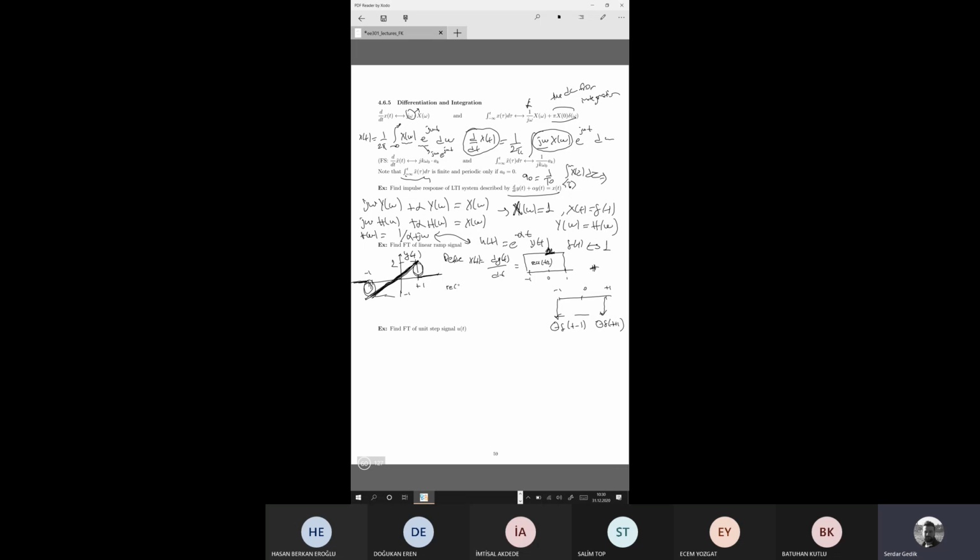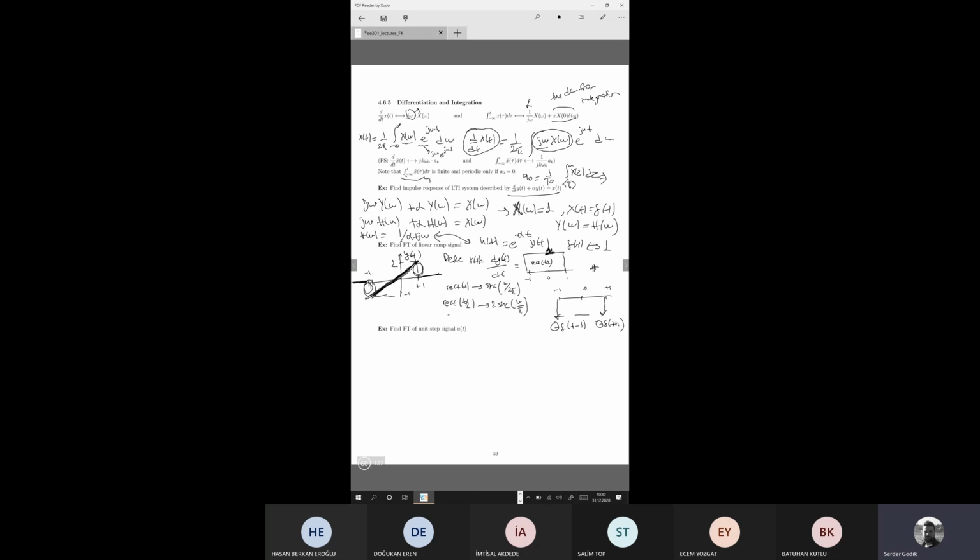So I know that rect t has Fourier transform sinc omega over 2 pi. Rect t over 2, by using the scaling property, has Fourier transform 2 times sinc omega over pi.